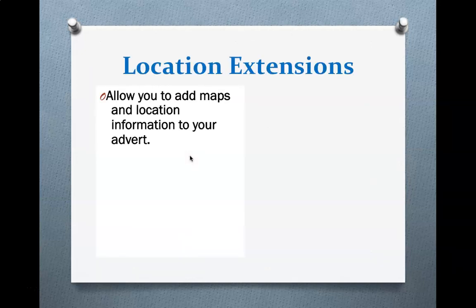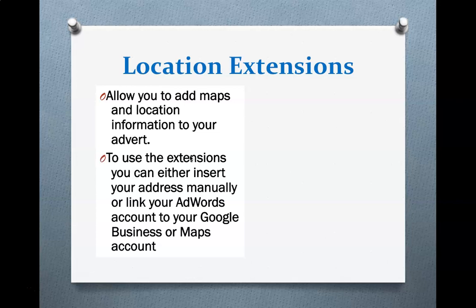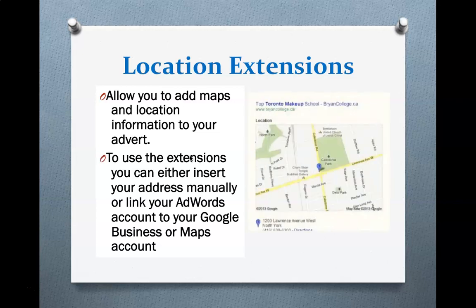So one, we've seen this already, but Google Ads allows you to add maps and location information to your advert. To use the extensions, you can either insert your address manually or link your AdWords account to your Google Business or Maps account. And that is something that I've pointed out throughout these videos, that Google likes when you use other Google tools.